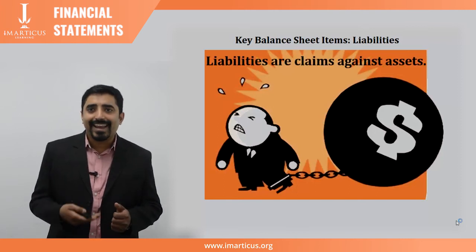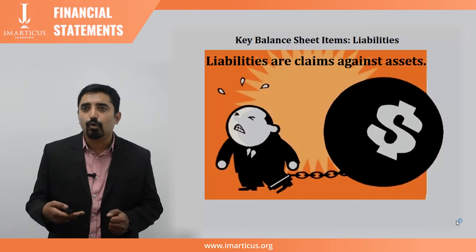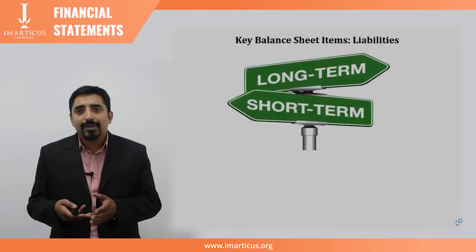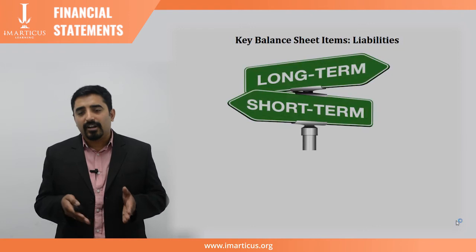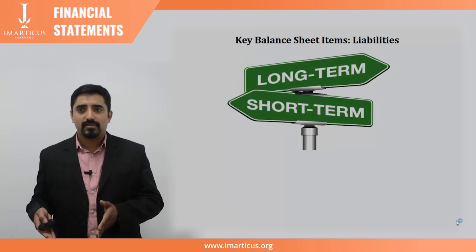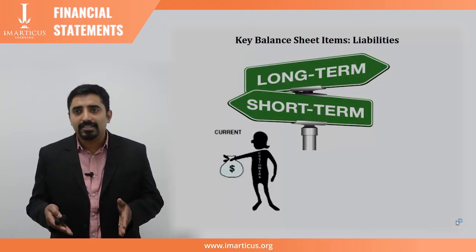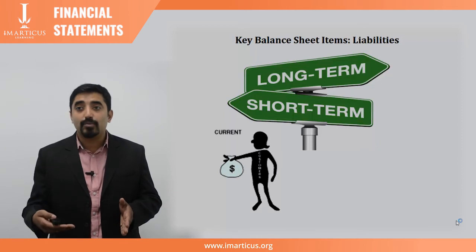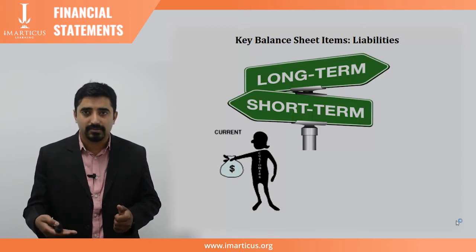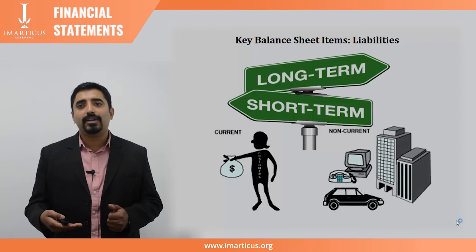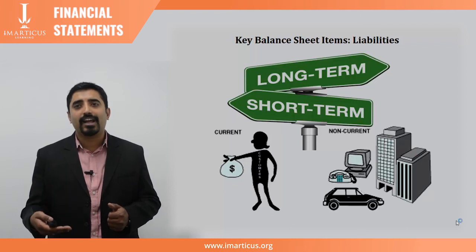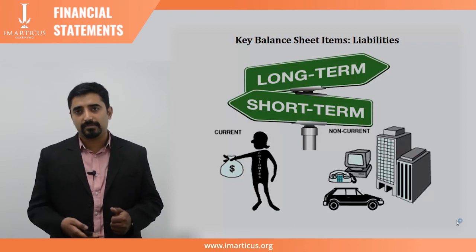Liabilities mean anything that the company owes. Liabilities are again of two types, current and non-current. Current liabilities are liabilities that have to be paid in less than a year. Non-current liabilities are liabilities that have to be paid after a year.